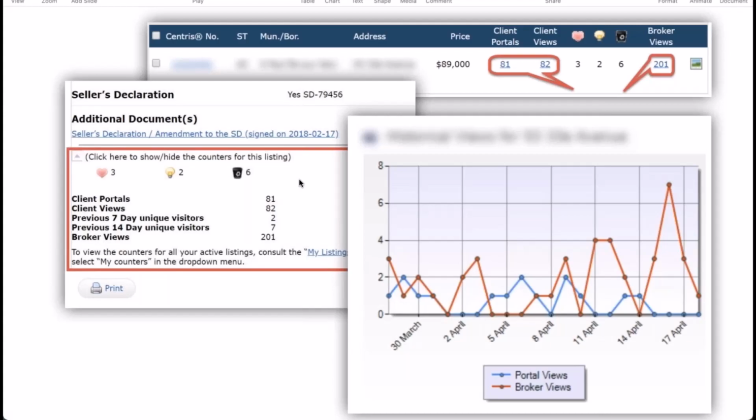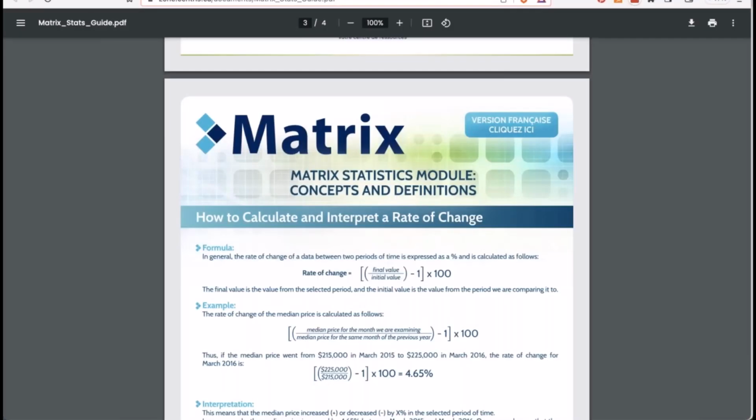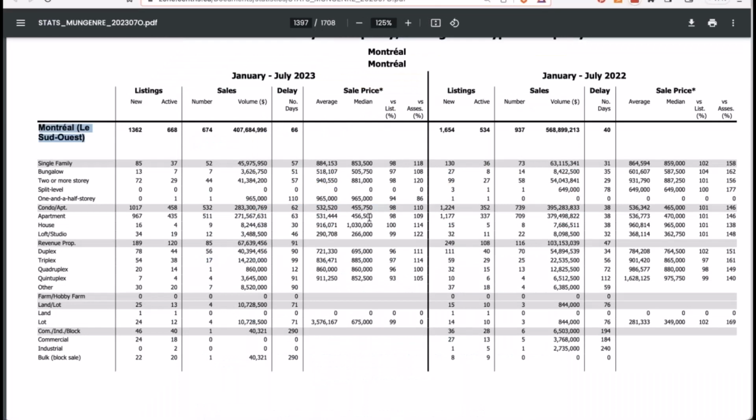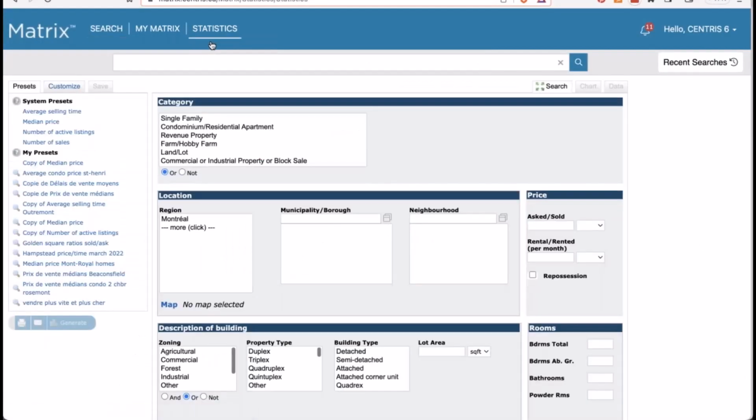We had a look at the Centris Statistics, this big report here that is used to generate what we saw afterwards, the statistics. And then we had a pretty good look at the statistics tool here, which you can look into even more, and the communities tool that we just saw.